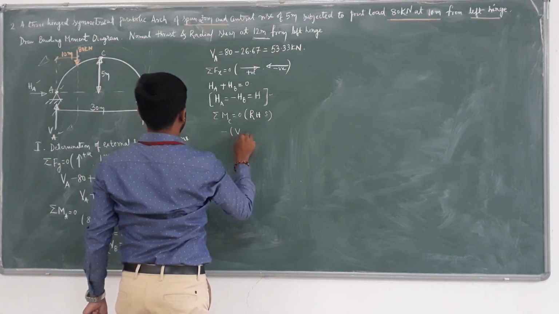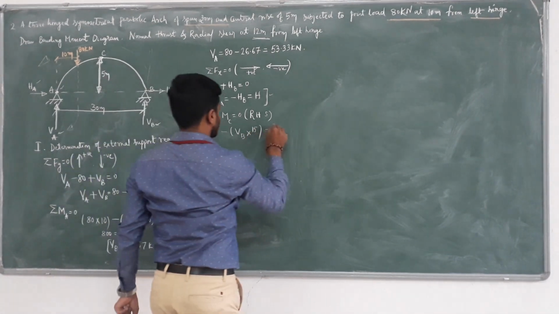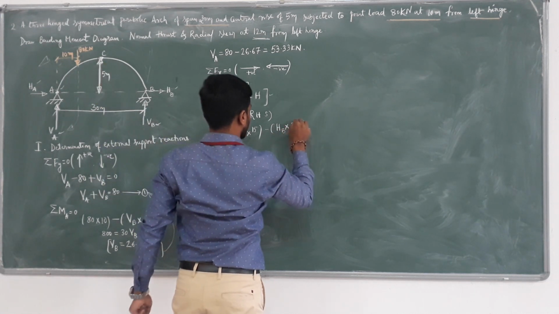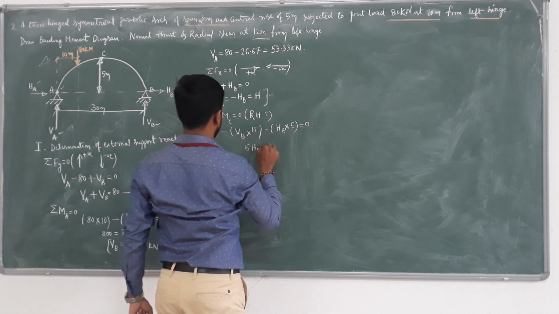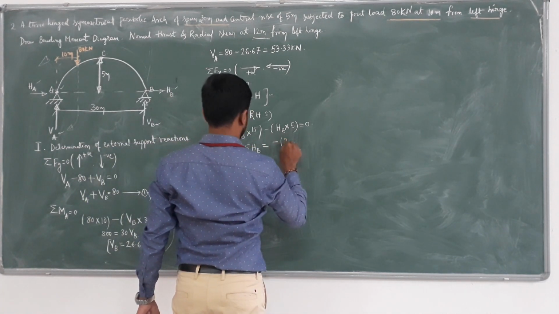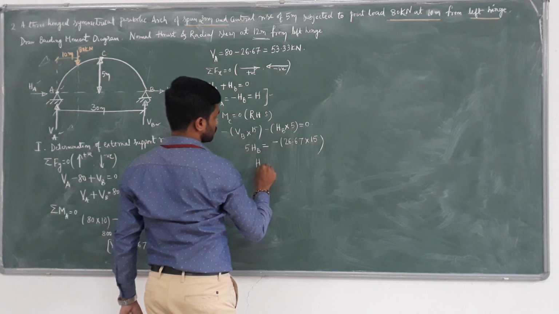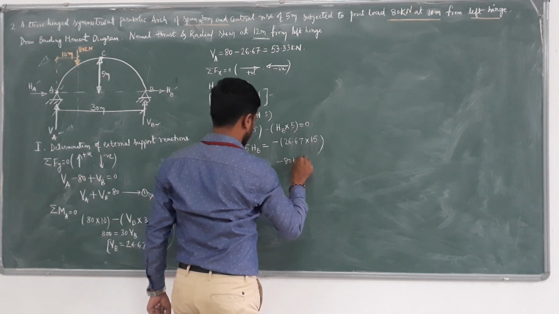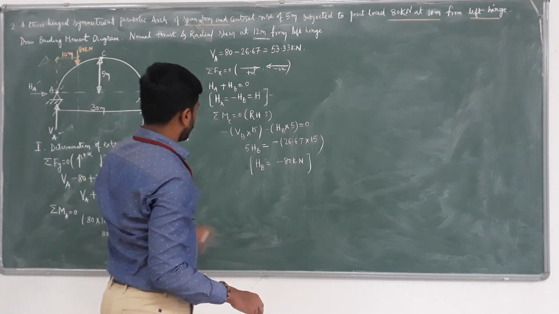Therefore, minus VB into L by 2, that is 15, minus HB into the rise, that is 5, equals 0. Therefore, 5 HB equals minus 26.67 into 15. So the value of HB is minus 80 kilonewton.